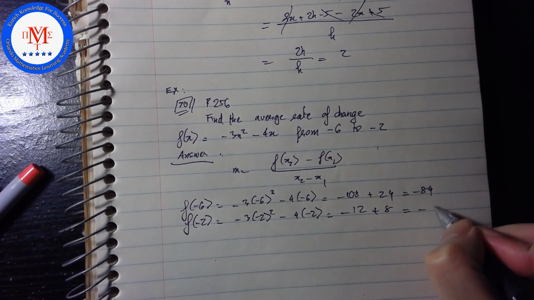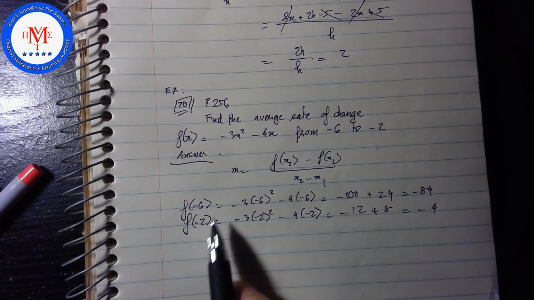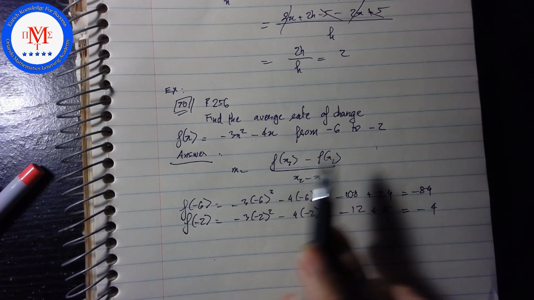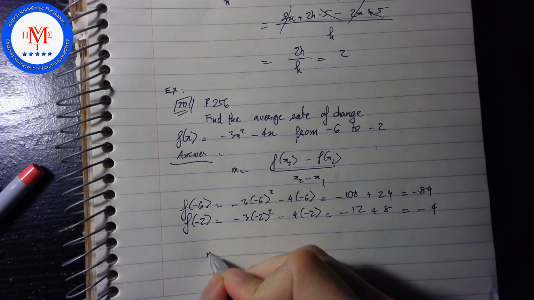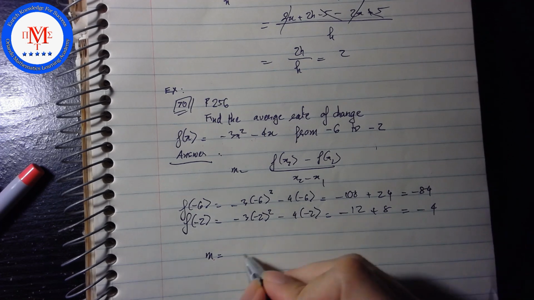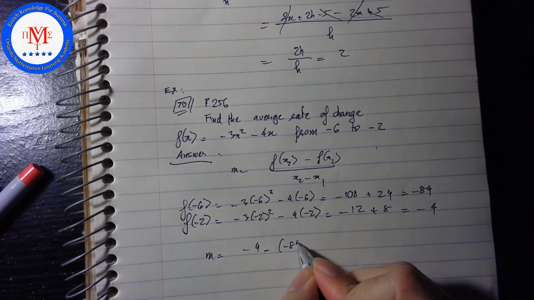Then I have the average rate of change equal to negative 4 minus negative 84 over negative 2 minus negative 6.